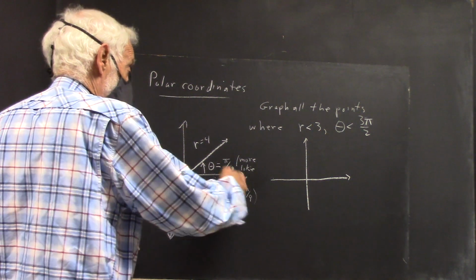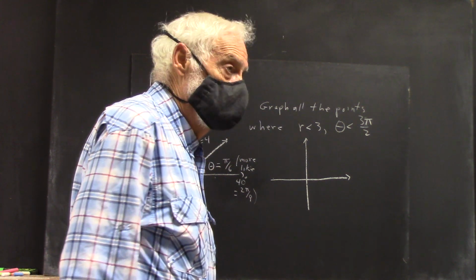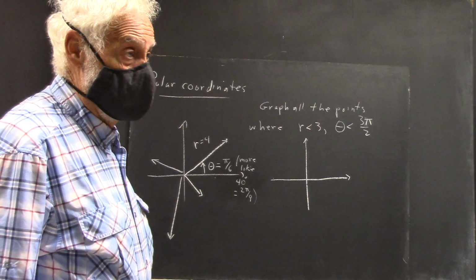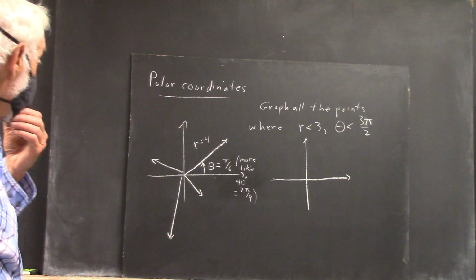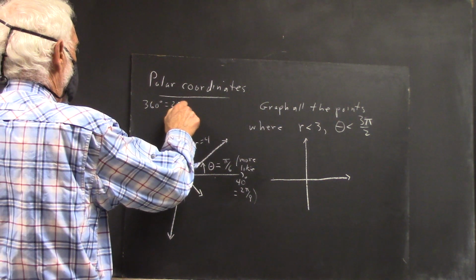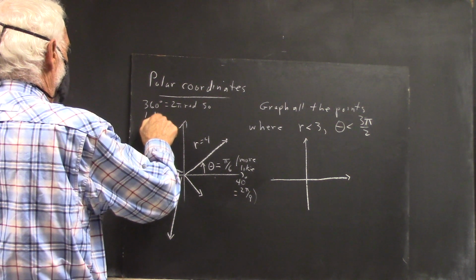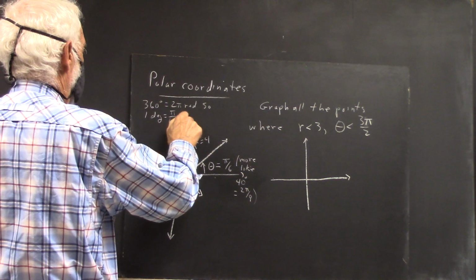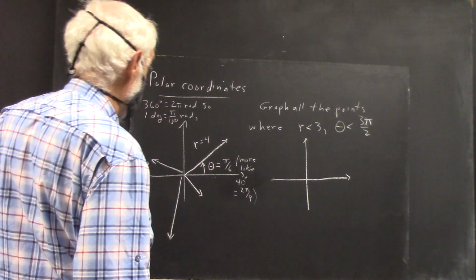And if you don't know how to convert between radians and degrees, 360 degrees is 2 pi radians. From that, you can do any conversion. I'll note that. 360 degrees is 2 pi radians, 1 degree is pi over 180 radians.